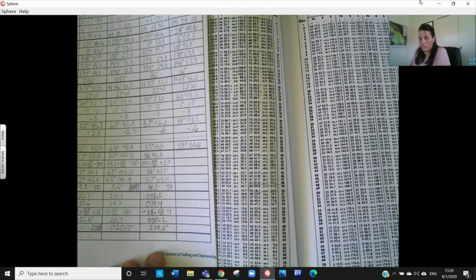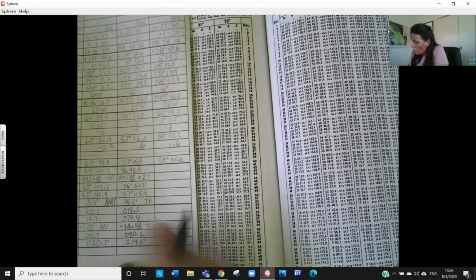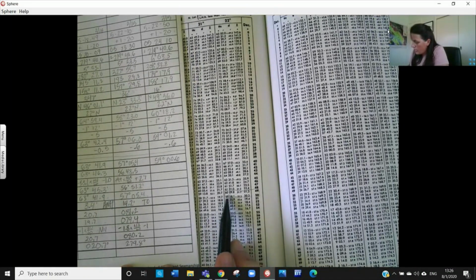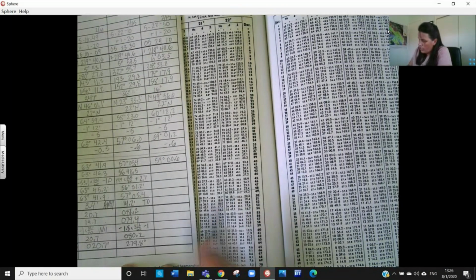So back to our interpolation or site reduction table here. We're going to put in our base HC. HC is here, is 60 09.8.